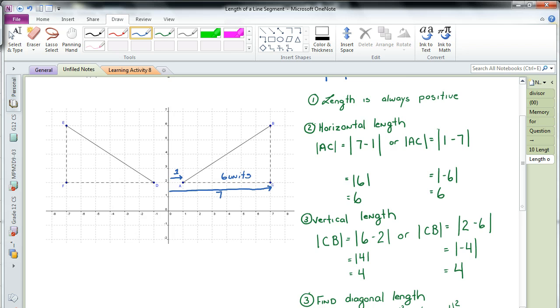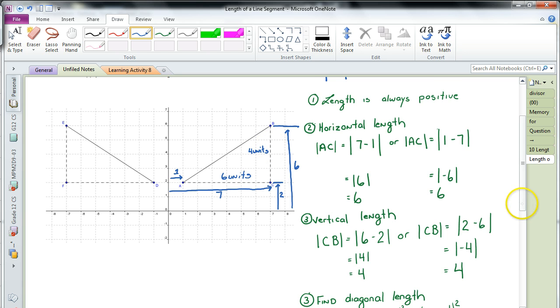So the next step is to find the vertical length. Again, I can think of traveling from my horizontal axis to each point. The distance from here to here is 2 units, and the distance from the horizontal axis up to B is 6 units. We can see by inspection that the result here is going to be 4 units.